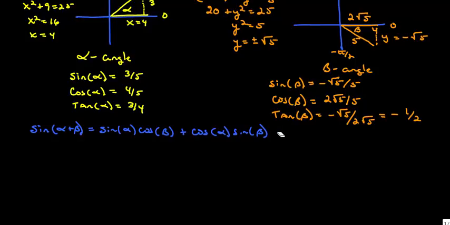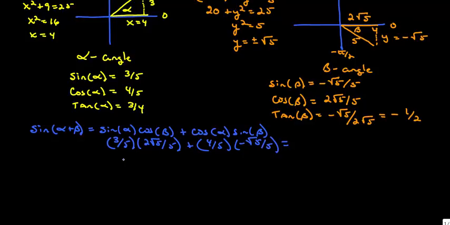So let's just do this right below it. Sine of alpha is 3/5. The cosine of beta is equal to 2 times the square root of 5 over 5. The cosine of alpha is 4/5. I'm just grabbing them from these pieces here. And the sine of beta is negative root 5 over 5.